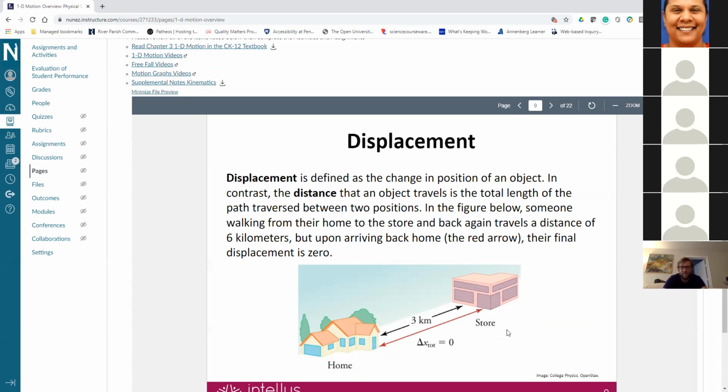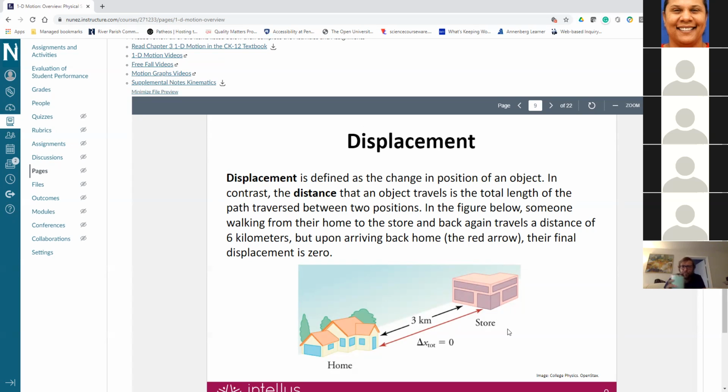And if you end up where you started, then, hey, your position hasn't changed. But if you go from home to the store and back, you definitely have a distance. So this highlights the difference between those two important properties.